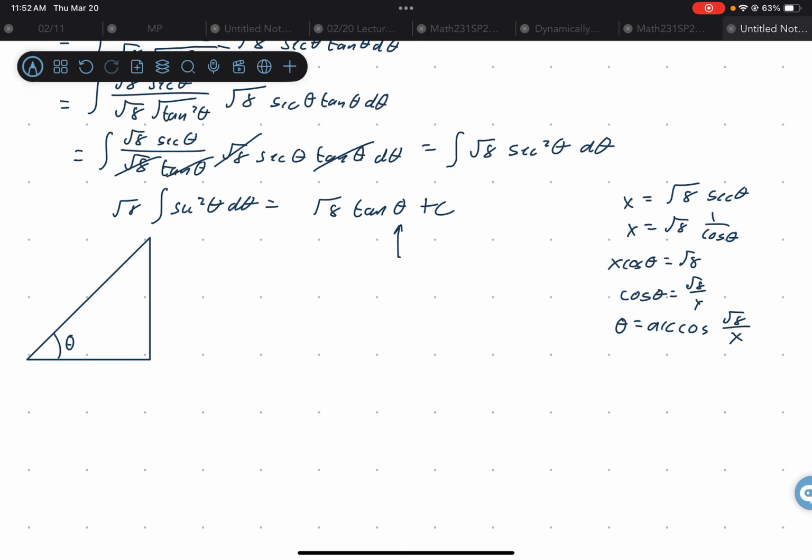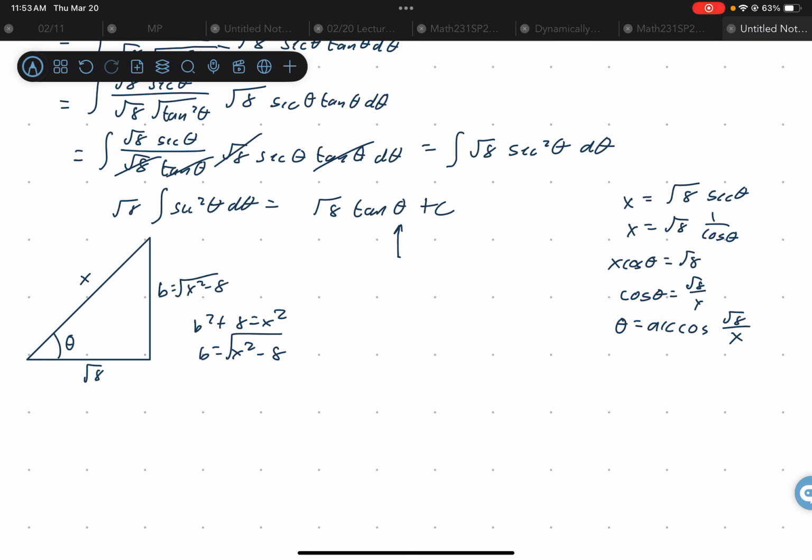All right, now we'll just write this out. So we have theta here, so the adjacent is square root of 8, over x. And now we're trying to find the side here because we want to find tangent of theta. So b squared plus 8 equals x squared. B squared equals x squared minus 8. Sorry, square root. There we go. Square root x squared minus 8.